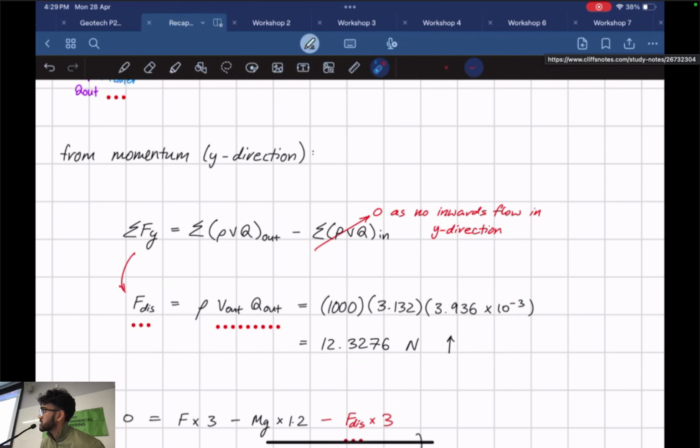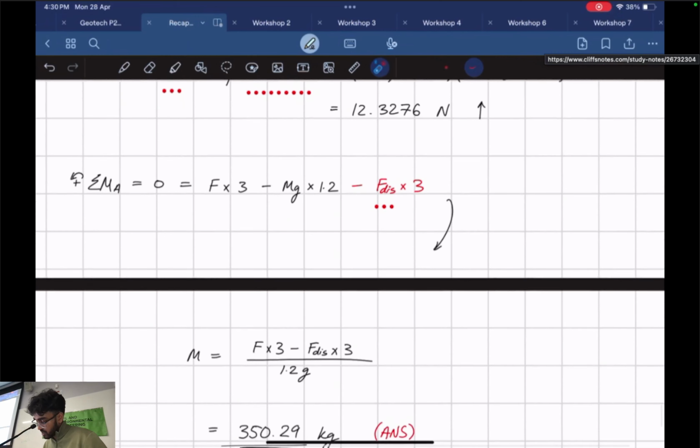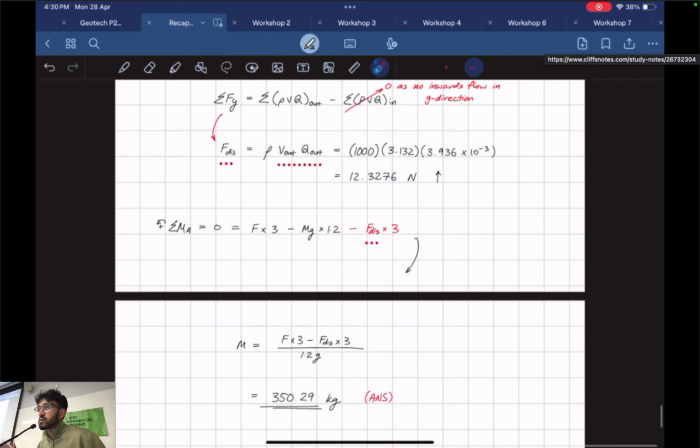Whenever you're dealing with any outflow or inflow for a system, think about momentum. That's something you guys should take into the exam. Always think about momentum when you see outflow, inflow. Then I'm just going to do sum of moments again. Sum of moments I'm not going to explain; I'm pretty sure you all know how to do it.